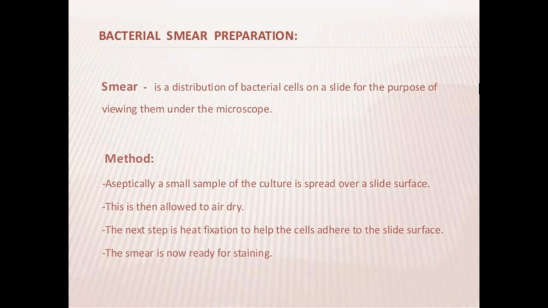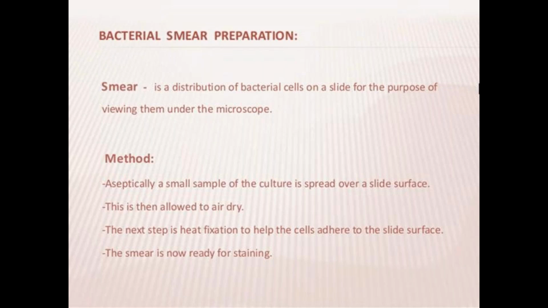That means the bacterial culture is distributed as bacterial cells on the slide for studying them under the microscope. Any microscope can be used depending upon the magnification. Mainly the smear is to be prepared for the visualization of microorganisms under the microscope.